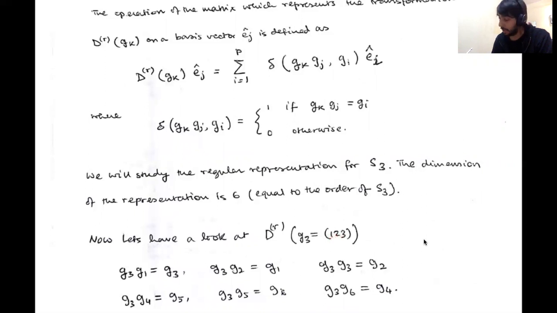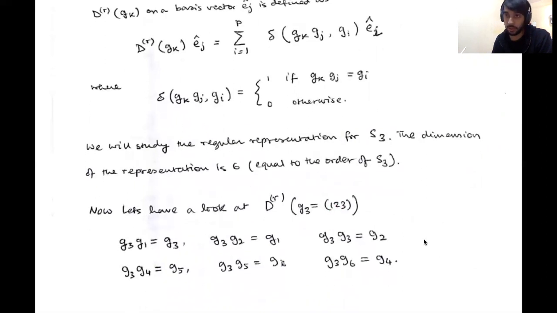If this is something that you would have done, or you would be doing, you will see that the multiplication table of S3 gives you G3 G1 equal to G3, G3 G2 is equal to G1, G3 G3 is equal to G2, G3 G4 is equal to G5, G3 G5 is equal to G6, and G3 G6 is equal to G4. Of course, you get all the elements back.